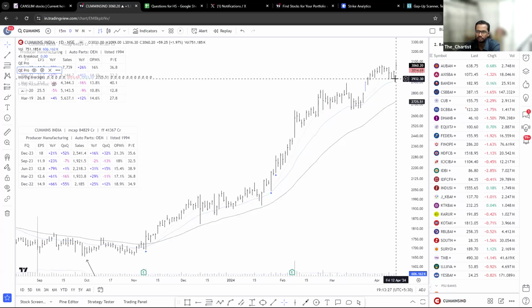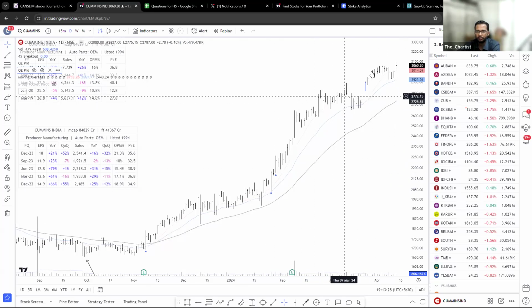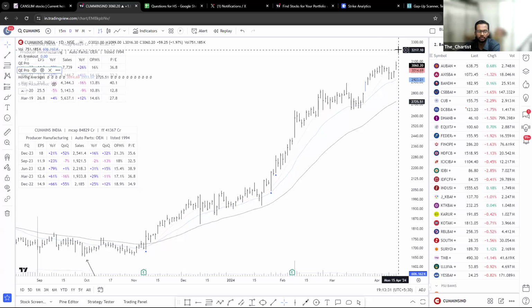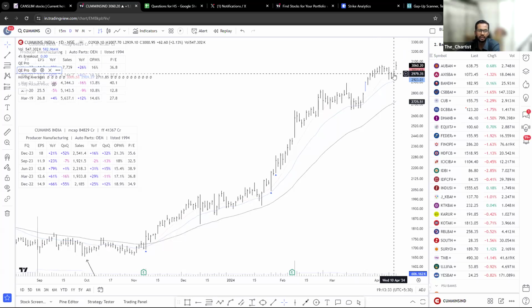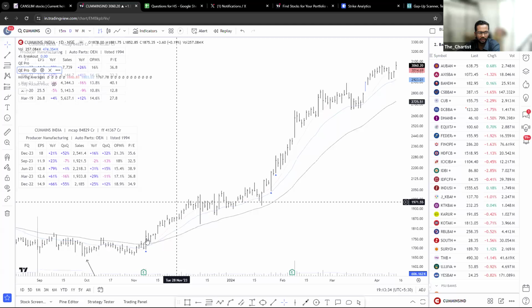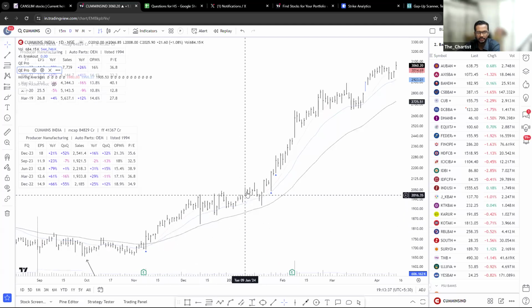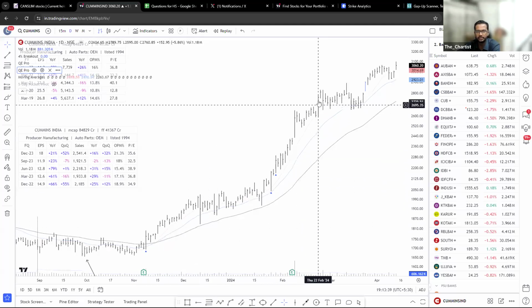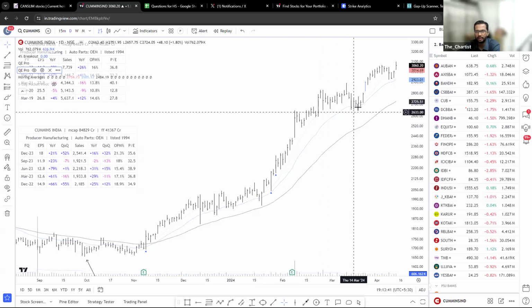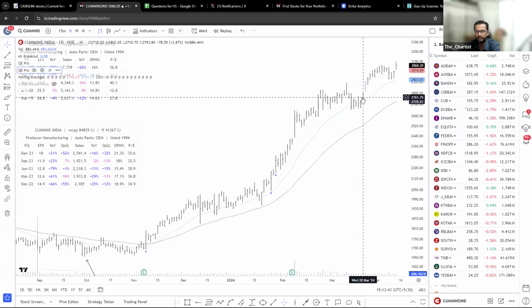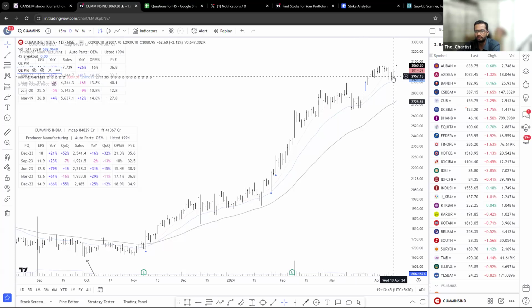Strength is there, but I don't find it a good base breakout. That's why I won't personally trade. If I have to trade, I will be trading here. This is probably the entry. Then this one you can say is another entry. Here you saw one more pullback entry. Now, you can trade, but for me, it's a very short base, sir.